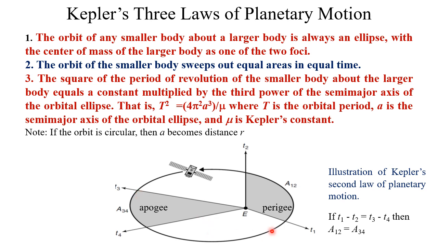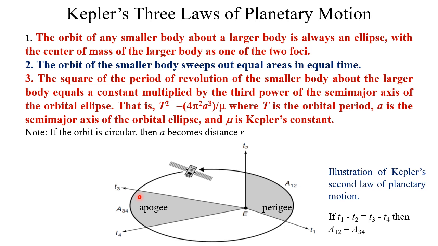Okay, suppose from time t1 to t2, the satellite has moved from this location to that location, covering an area of this much. So this is the area covered by the satellite between t1 and t2.